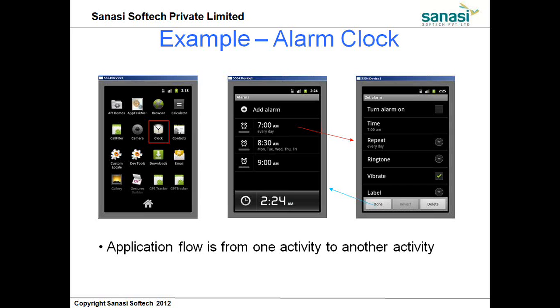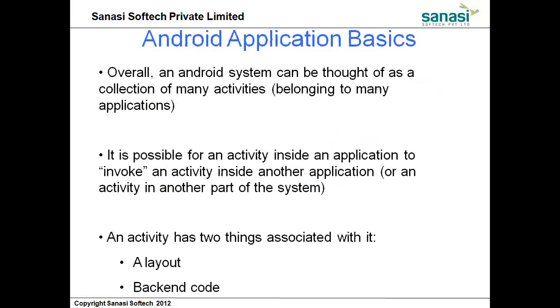As the arrows indicate, the red arrow indicates the forward flow of the application from one activity to the other, and the blue arrow indicates the flow back to the previous screen when you click on the done button. Typically any Android application will have a flow that looks like this. You start with one screen, then move to another screen, and then another, and then you come back, and so on. So this is how it goes.